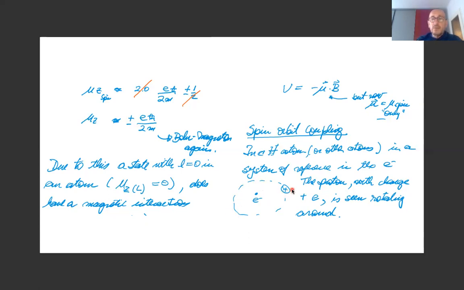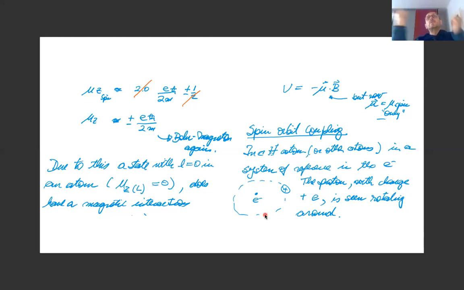So the electron is moving around the proton, or rather the proton is moving around the electron, and it actually generates a magnetic field at the position of the electron. But the electron has an intrinsic magnetic moment.